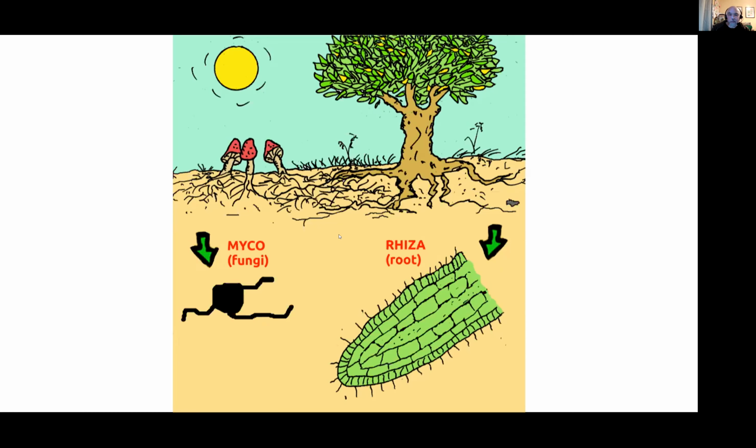So here we have our mycelia in the soil, massively magnified, obviously. These would be microscopic. And the mycelia is sending out these threads into the soil, and again magnified. We have the tip of one of the root hairs of this tree here, and that's growing in the soil.